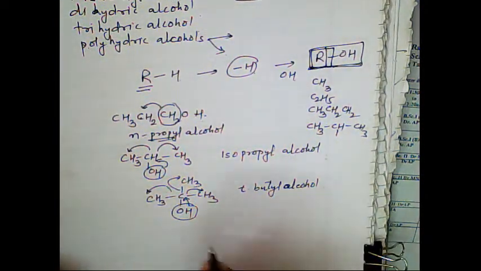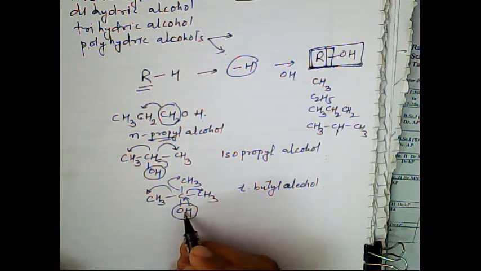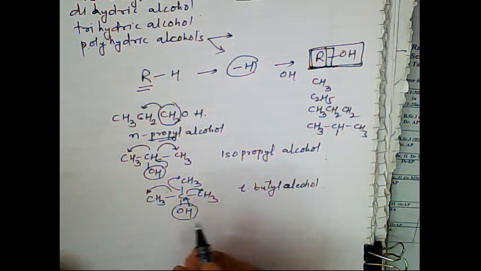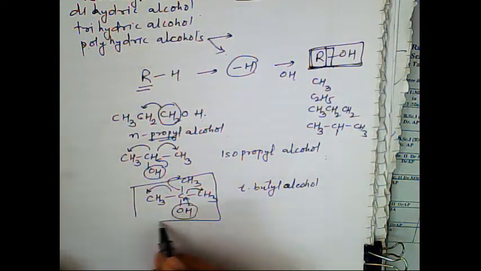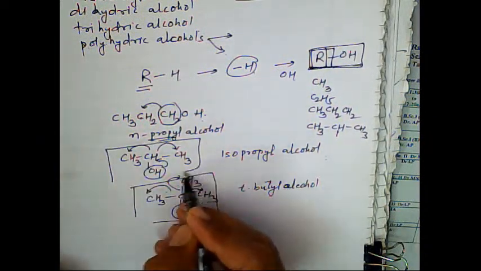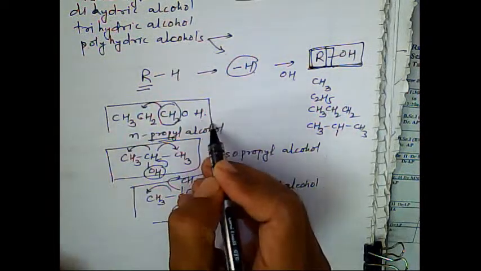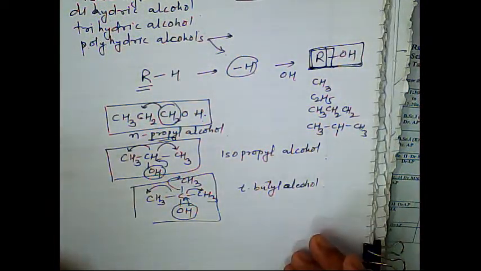It means the OH group is attached to a carbon containing 0 hydrogens. Therefore, its properties will be different compared to isopropyl alcohol. Isopropyl alcohol will have slightly different properties compared to N-propyl alcohol.